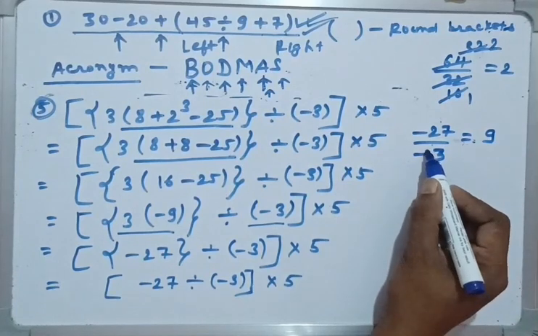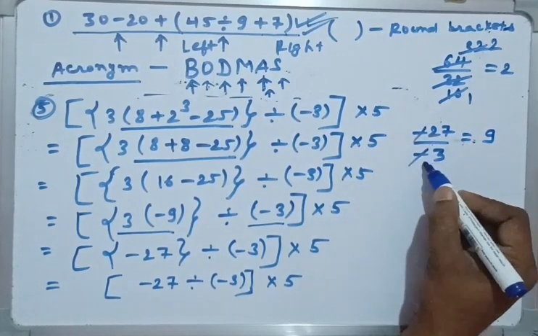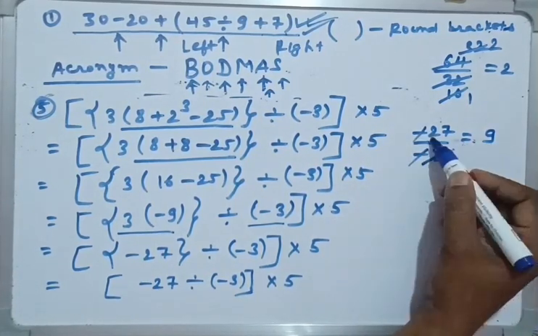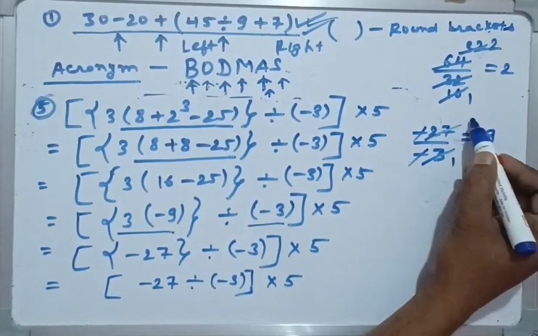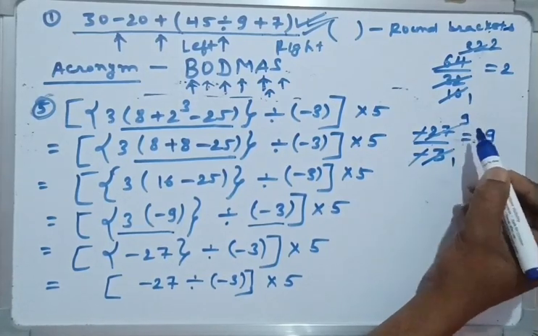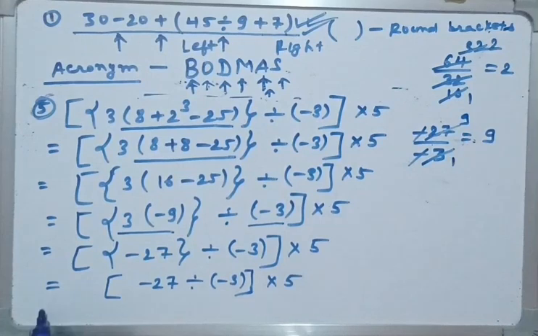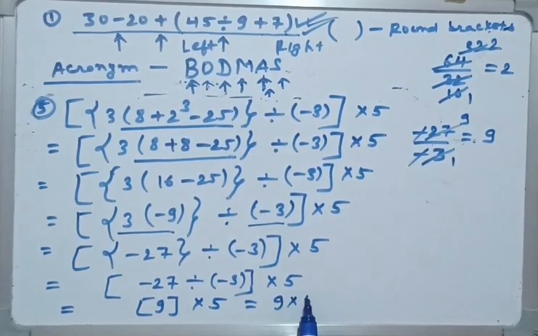How? The negative signs cancel, 3 ones are 3, and 3 nines are 27, so 9 will come here. Then multiply by 5, remove this square bracket, and finally the answer is 45.